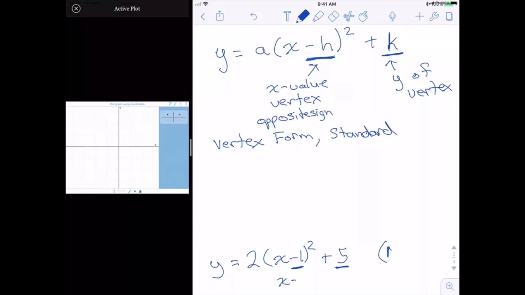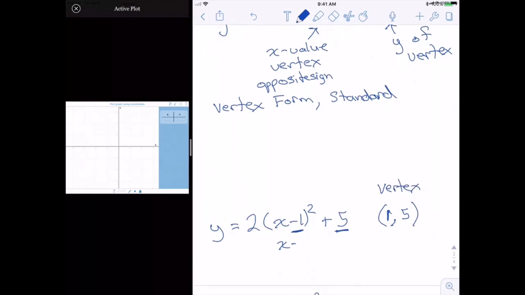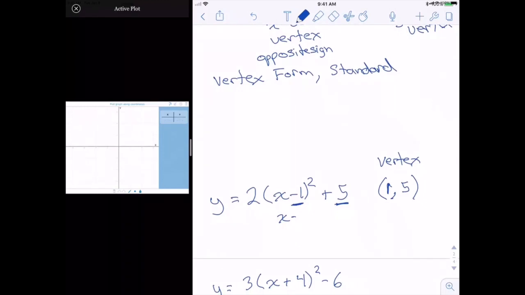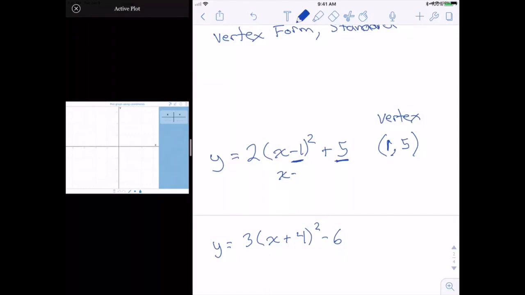And this 5 tells me the y value. So just from looking at this equation, I can tell you what the vertex is without really doing any calculations. It's almost like a little map telling me what the vertex is. So it's 1 and 5, x and y.